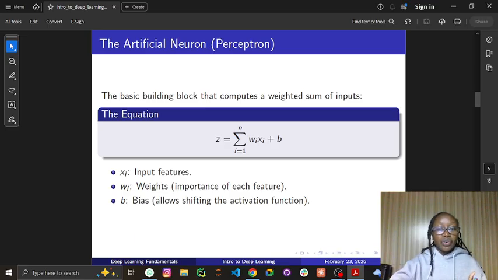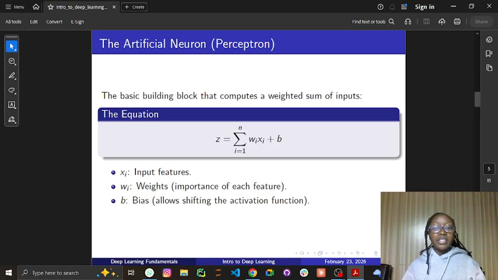Imagine you're deciding whether to go to a concert tonight, and your neuron takes three inputs. The first input is, is the weather good? The second is, is the ticket cheap? And the third is, is your favorite band playing? But not all inputs are equal.